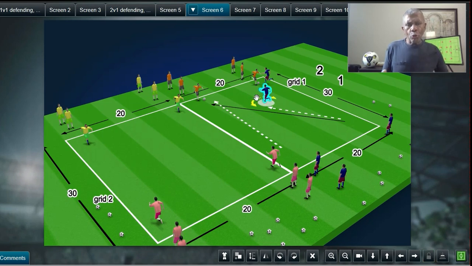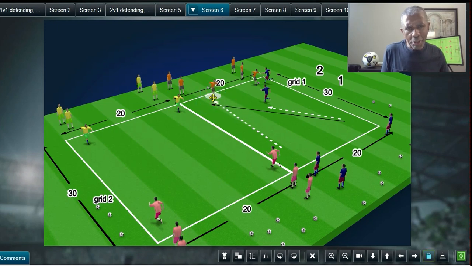Okay, so what's going to happen here, if this player here tries to get forward, he's not going to be able to, because you got to watch the offside line. So he can get the ball here, but not here.